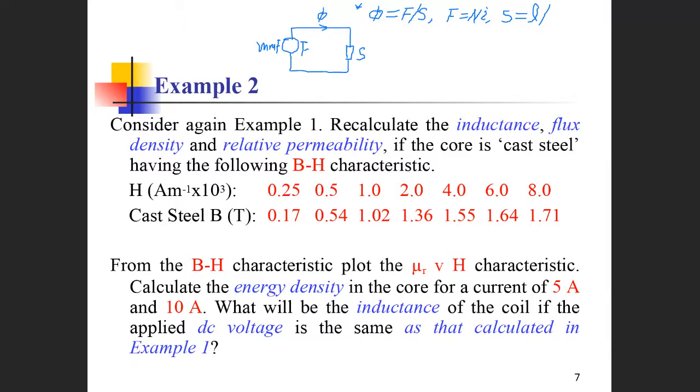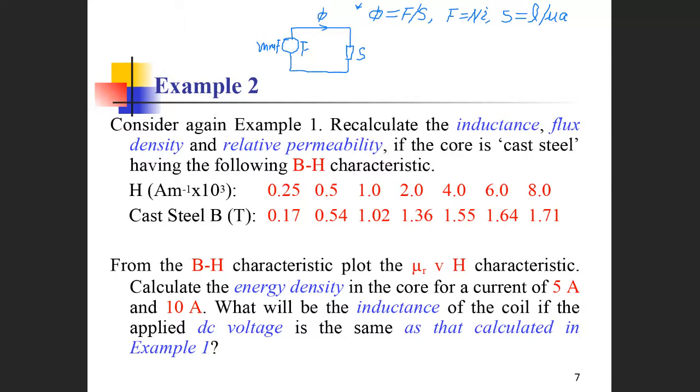It also depends on the permeability, mu, and the cross-sectional area of the coil path. Here, once again, L is the equivalent magnetic flux path length, and A is the equivalent cross-sectional area of the magnetic flux path. Mu here refers to the permeability of the magnetic core material.